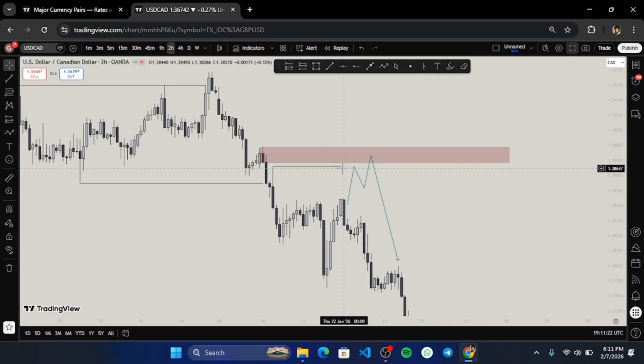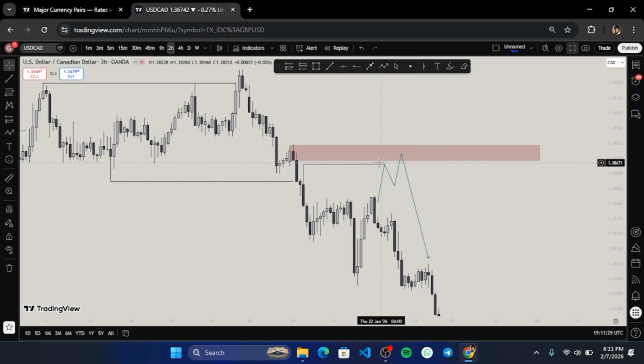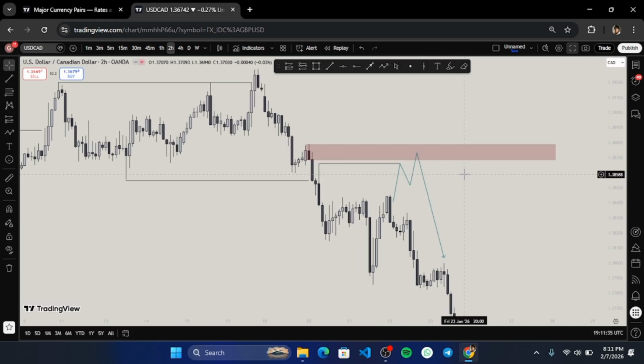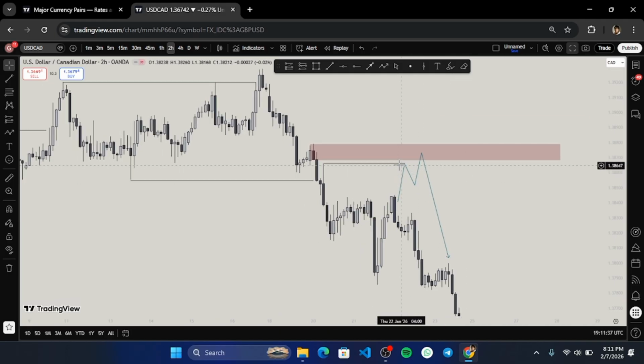So creating equal highs here. When it creates these equal highs, this is now classified as inducement. So anytime you see this kind of SSS on my chart, it means that this is inducement.